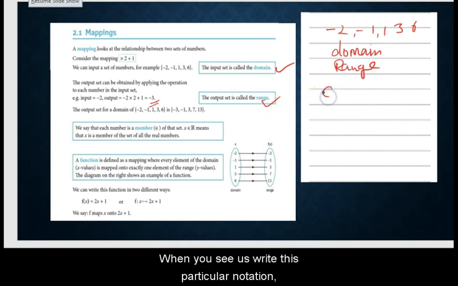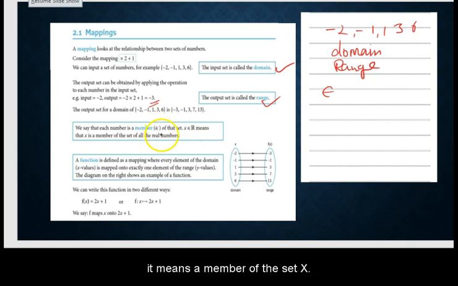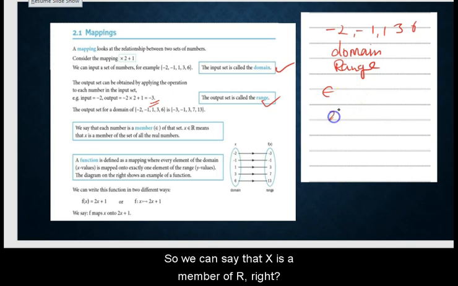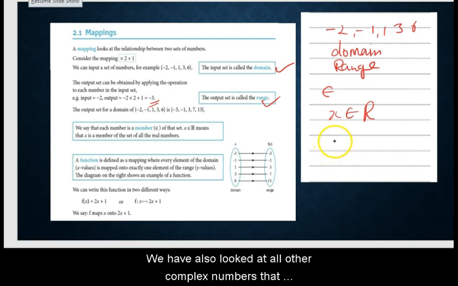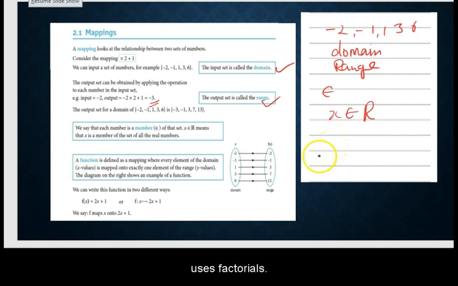When you see us write this particular notation, it means a member of the set X. So we can say that X is a member of R, right? X is a member of the set of all the real numbers. All the real numbers. We have talked about rational numbers, irrational numbers. We have also looked at all other complex numbers that use factorials. So this X is a member of R.